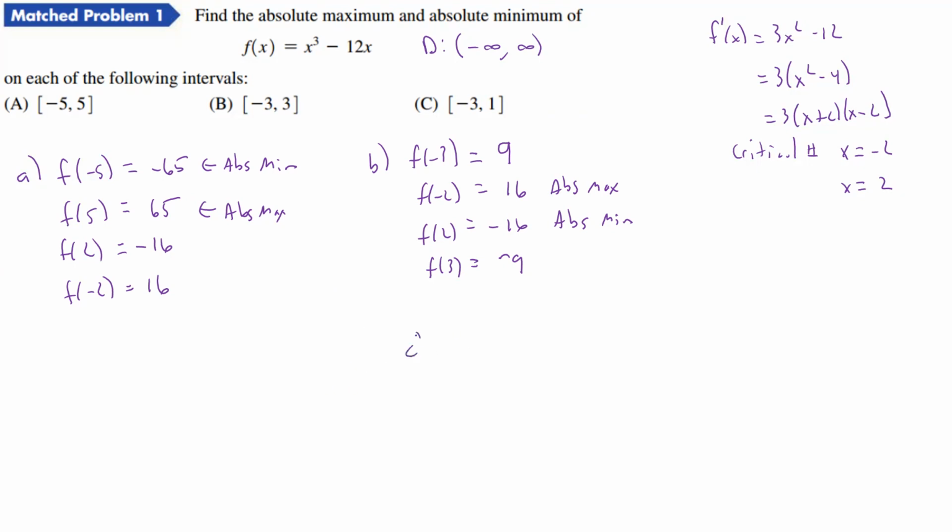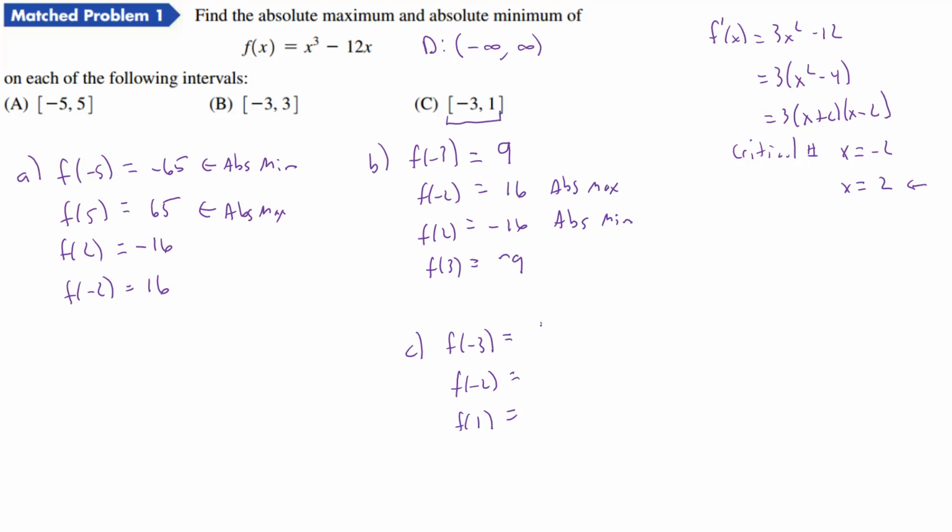And then let's do our last one. So here we're going to find f of negative 3, and then we'll have f of negative 2, and then we have what? Well, now positive 2 is too far, but we can do f of 1, and so we really only have those three we have to look at. And so we're throwing out this critical number on this last one because it's beyond the interval that they want us to look at.